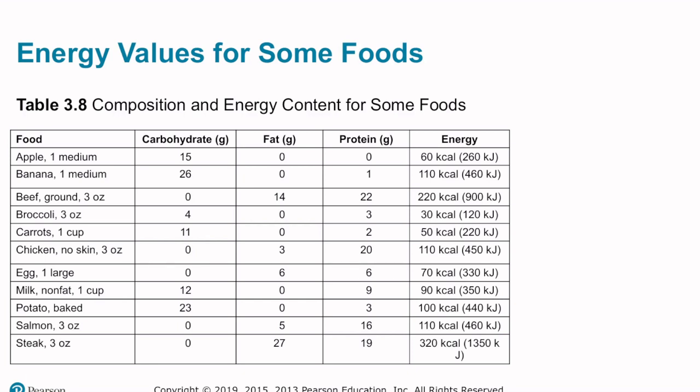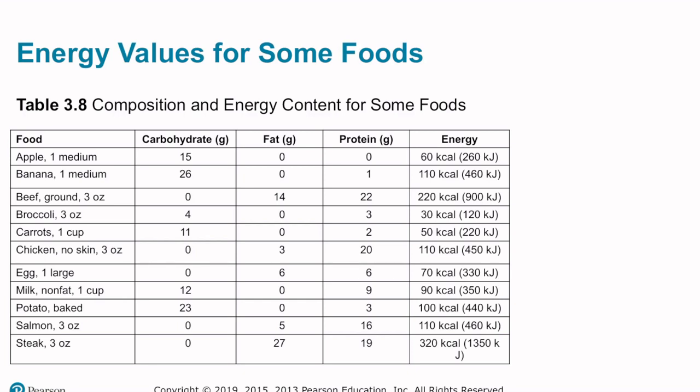Broccoli contains about 4 grams of carbohydrates, no fat, and 3 grams of protein, with about 30 kcals. Chicken, with no skin, about 3 ounces, contains no carbohydrates, 3 grams of fat, and 20 grams of protein, for a total of 110 kcals.